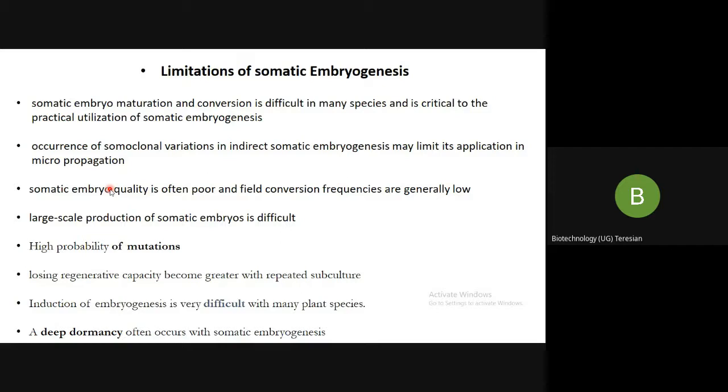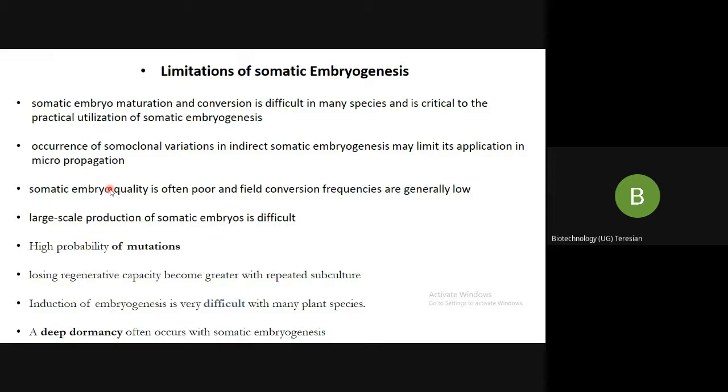Okay? Because at each stage they may be lost, the callus cells lose the ability to form embryos, and many times we get abnormal shoots. So that is why large scale production of somatic embryos is difficult. Then there is a high probability of mutations.